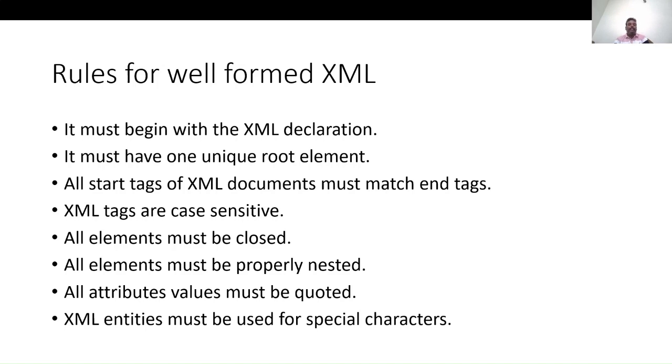All start tags of XML documents must end with end tags. When you start a tag, similarly you should have end tags also. All XML tags are case sensitive. All elements must be closed properly. All elements must be properly nested. All attributes must be quoted. XML entities must be used for special characters. So these are the rules and regulations for writing a well-formed XML. Similarly, if you have the HTML rules, we have rules for XML also.